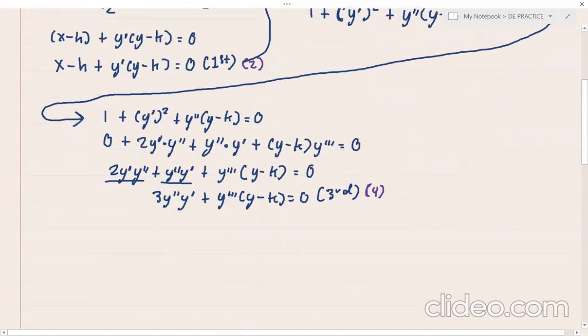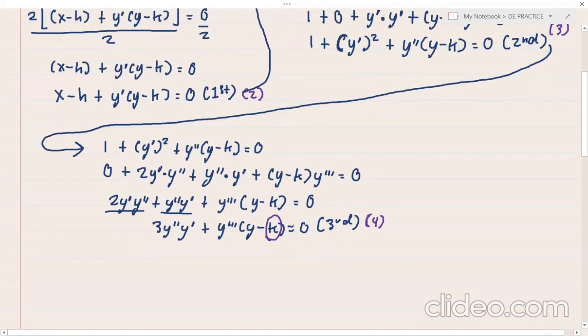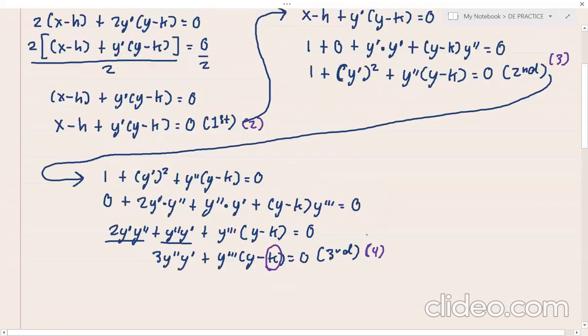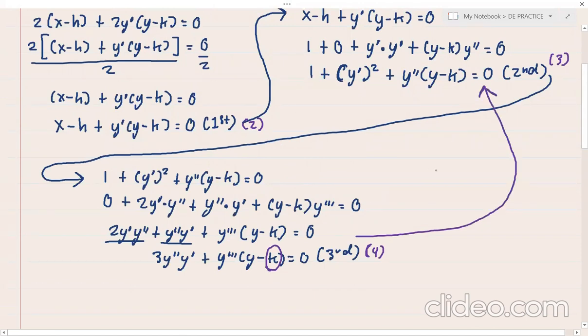So for me, what I will do is use the third derivative of our given equation just to find your k. Then after I find k in this fourth equation, I will find it in the third equation, or the second derivative of our given equation.